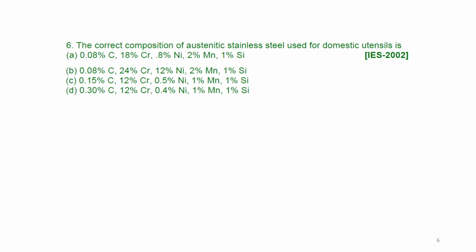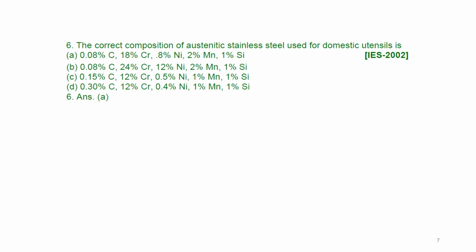Next question, the correct composition of austenitic stainless steel used for domestic utensils. They are shuffling the composition, whatever is given in the first option is repeating, so I think it's not required to read again and again.